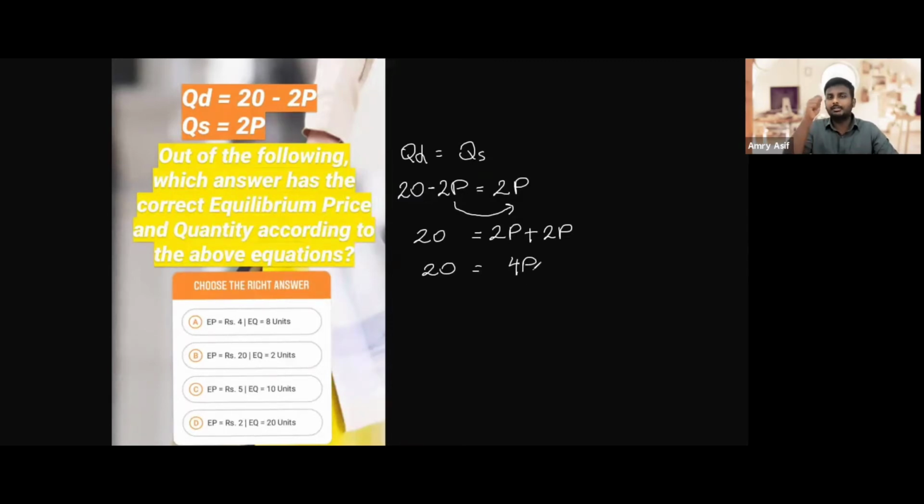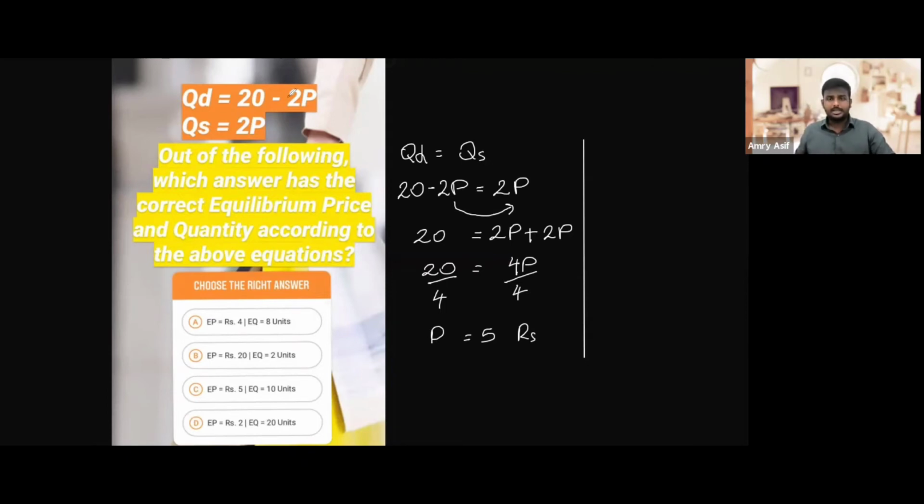And to find out the value of just p, you have to divide this side by 4. You do the same thing on the other side. You'll end up with price being equal to 5 rupees. So that's your equilibrium price, right? That's the price when QD and QS are equal, according to what we have done here.